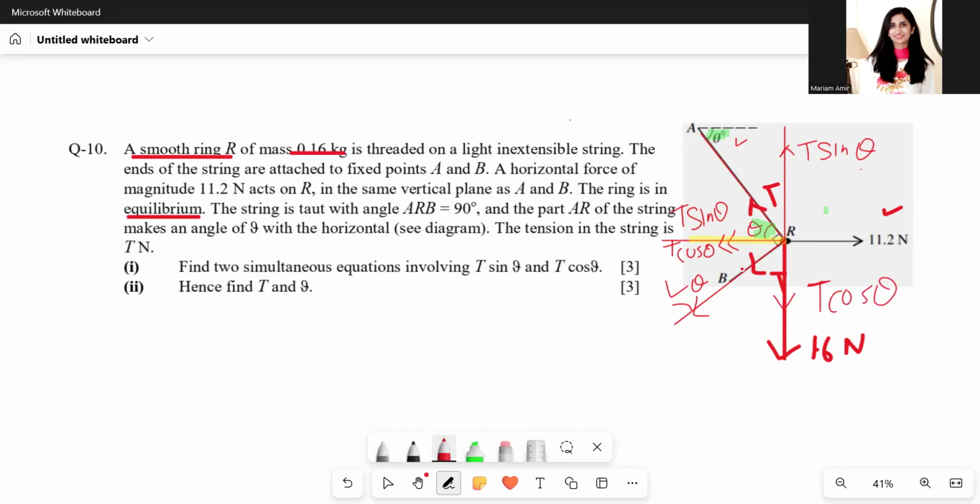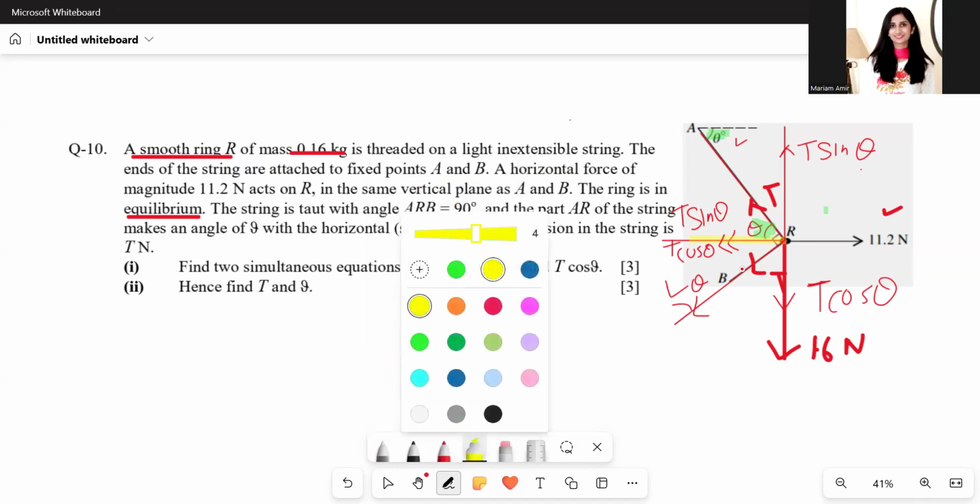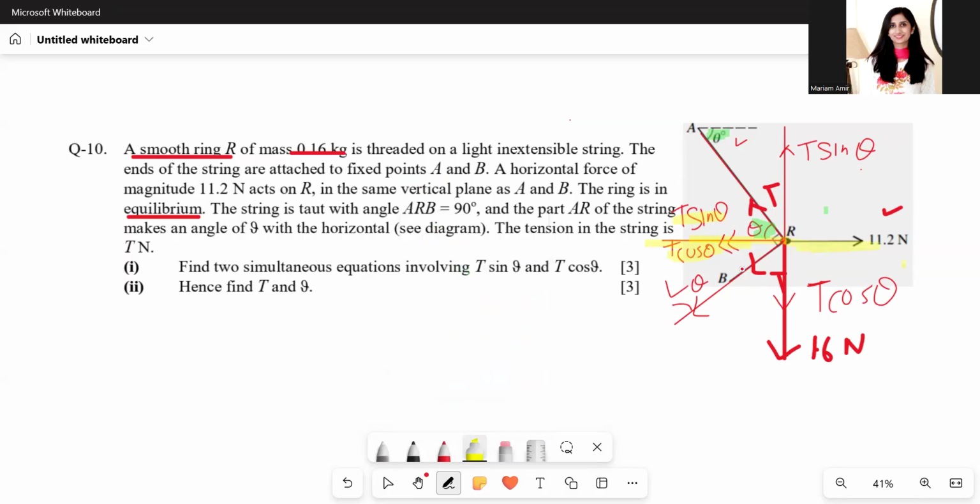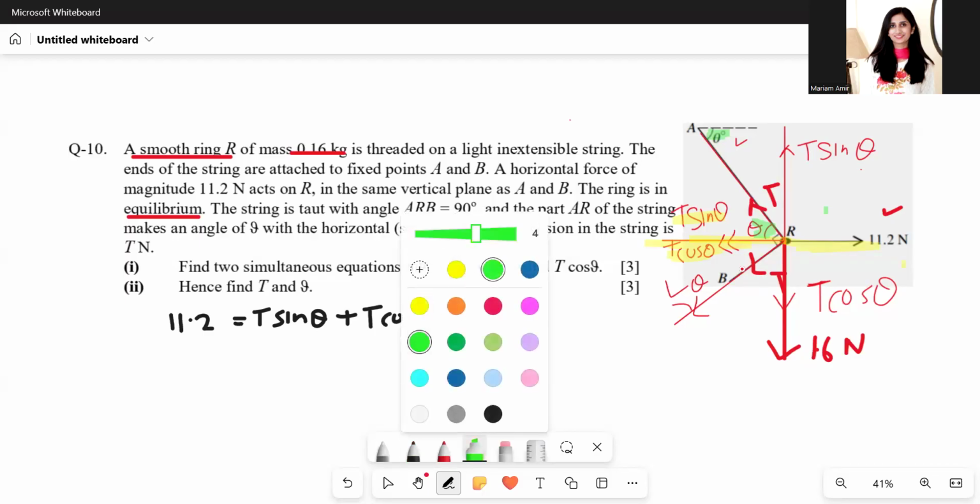Okay. Now we equate these. The forces on the left, which are these two forces, T cos theta and T sin theta, should equal the force on the right. So 11.2 equals T sin theta plus T cos theta. And the up forces should equal the down forces.